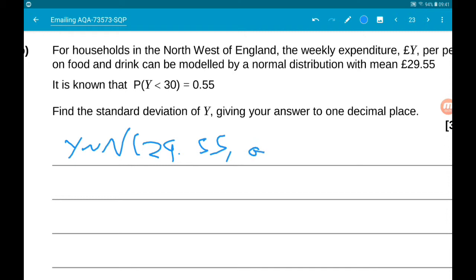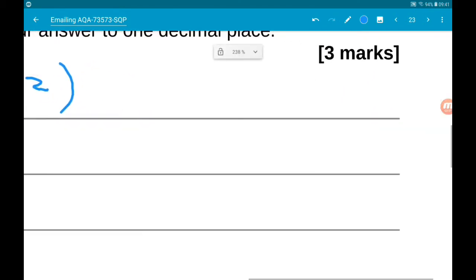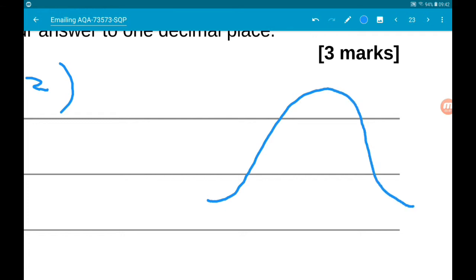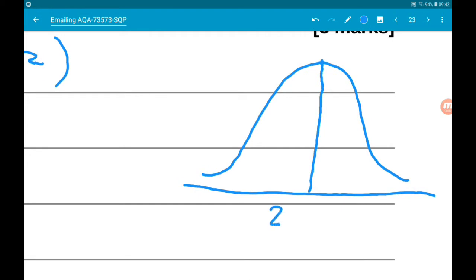That's the aim of the game. So what we do know is, remember that the probability is area under the curve. So if we draw a little sketch of what's going on there, then our mean is slap bang in the middle, so there's 29.55.